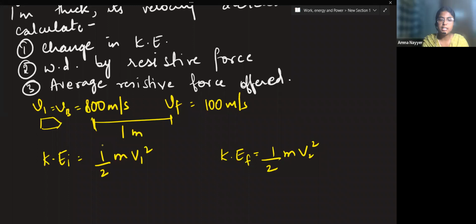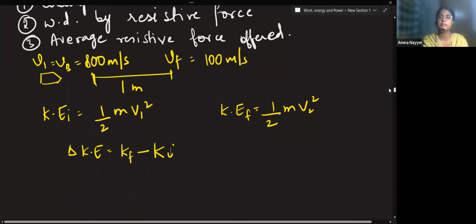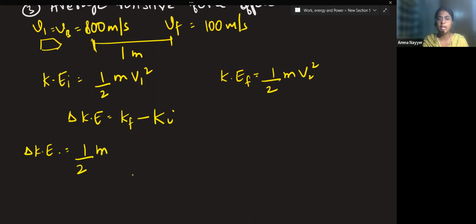If this is final, then what will be the change in kinetic energy? It will be kinetic energy final minus kinetic energy initial. So change in kinetic energy will be simply, let's take half m common from both of these: half m into (v2 square minus v1 square).